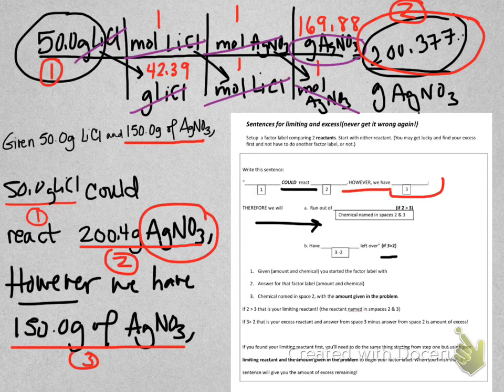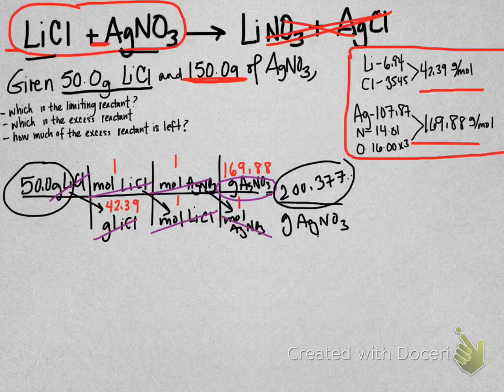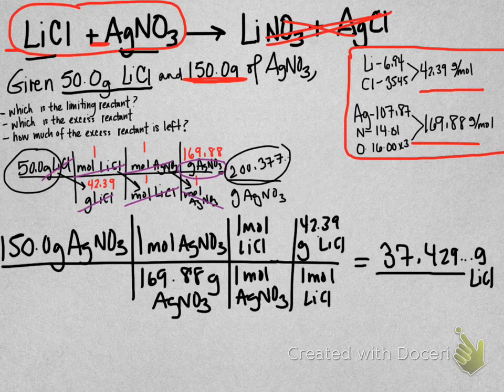Now let's do the factor label that will show us how much lithium chloride we'll have left over. In order to do this, I'm literally just going to set up another factor label, but this time I'm going to start with whatever my limiting is and the amount that I was given.